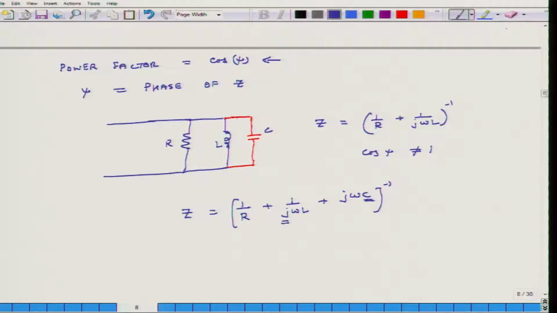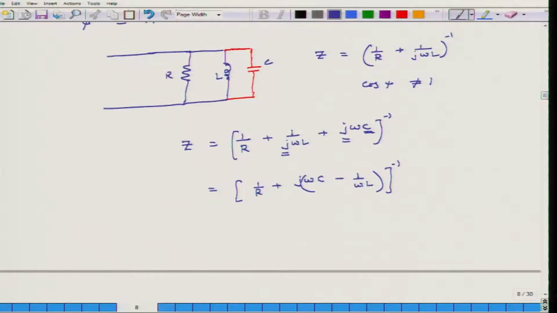Here I have j in the denominator and here I have j in the numerator. So, this is equal to 1 over R plus j times (omega C minus 1 over omega L), because 1 over j is equal to minus j.